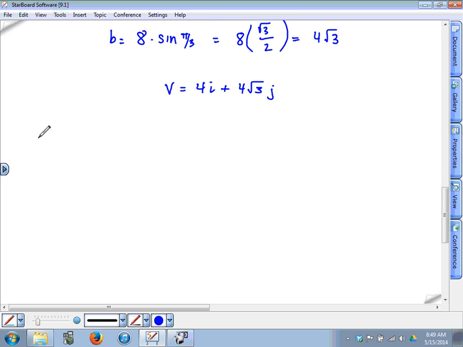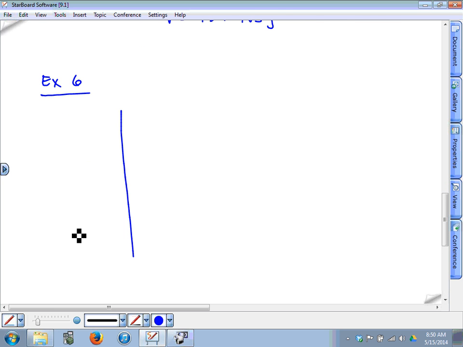So here's an application example of how you would use this. All right, draw this picture here. We have point P sitting about right here. We have a force acting on point P that we're going to call F1.